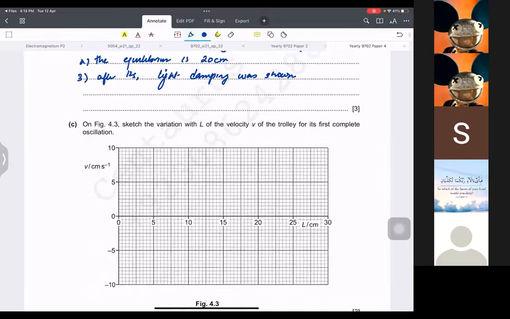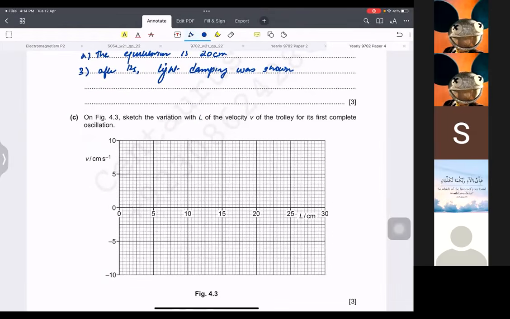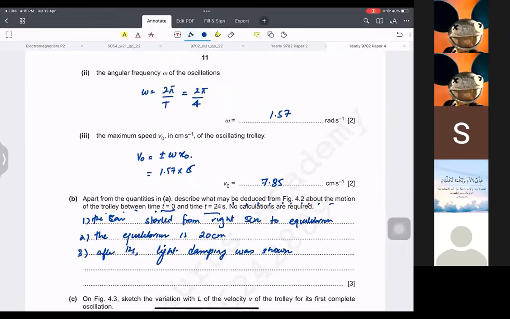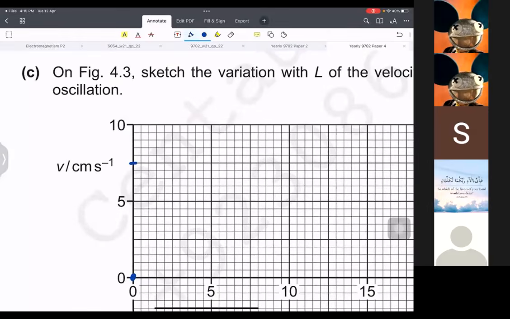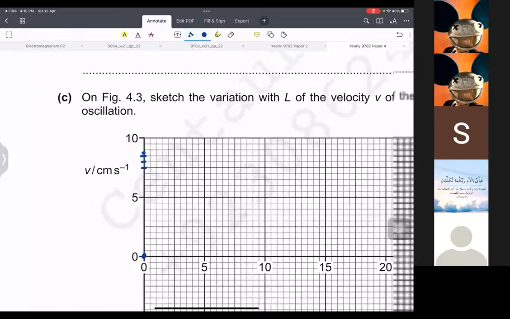Now, it says to sketch the speed. When the displacement was 0, the speed should be maximum, and the speed we calculated was 7.85. So at 0 displacement, the speed is right here.